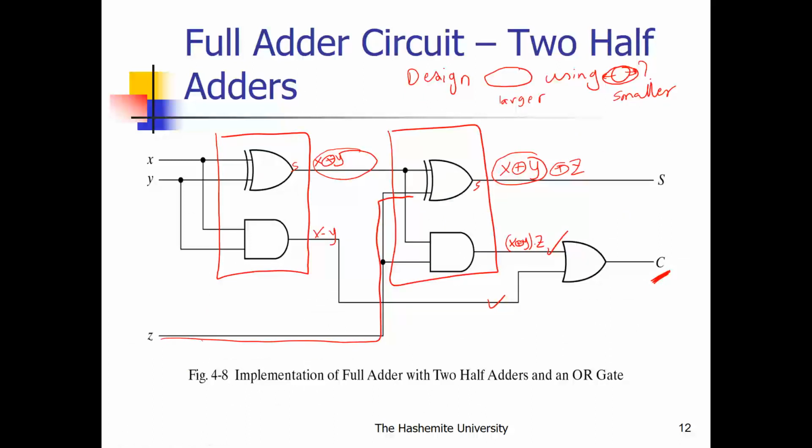So those for the most part are black boxes, and in many of these situations people are not interested in the details. You really need to just design the full adder using two half adders and an OR gate.